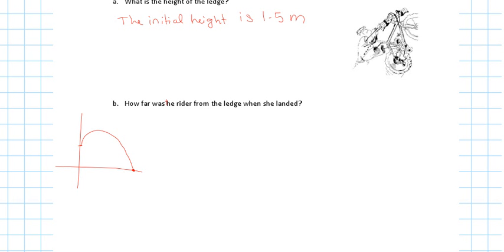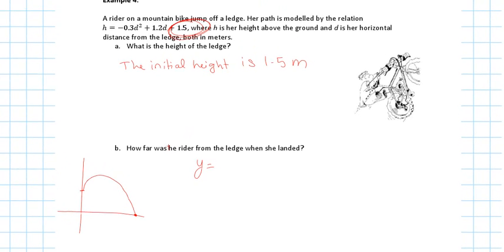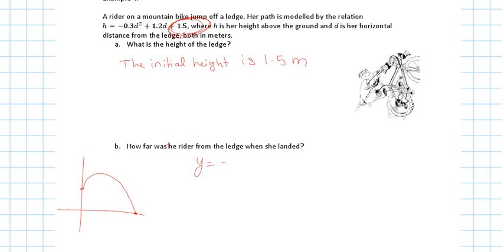Factored. I hope it's factored, because we're looking at when we land on the ground. That's the x-intercept. All right, so y equals negative 0.3 d squared plus 1.2 d plus 1.5.